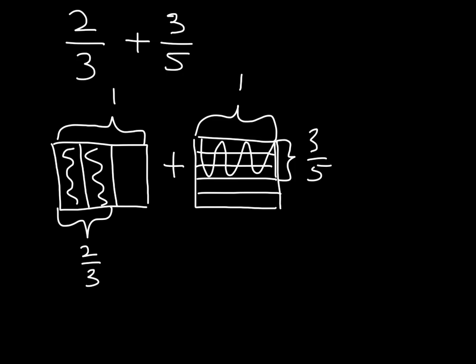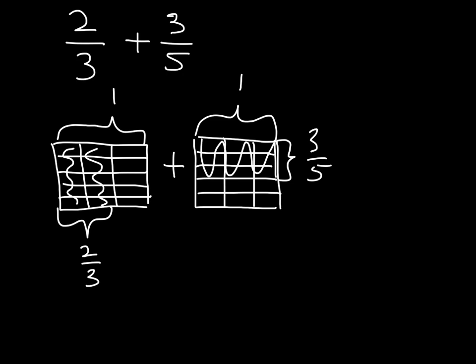I'm going to do that by basically moving those lines, or what I'm really doing is multiplying. I'm multiplying the area model on the right by 3, because the one on the left is cut into 3 parts, and I'm multiplying the area model on the left by 5, because the one on the right is cut into 5 parts.